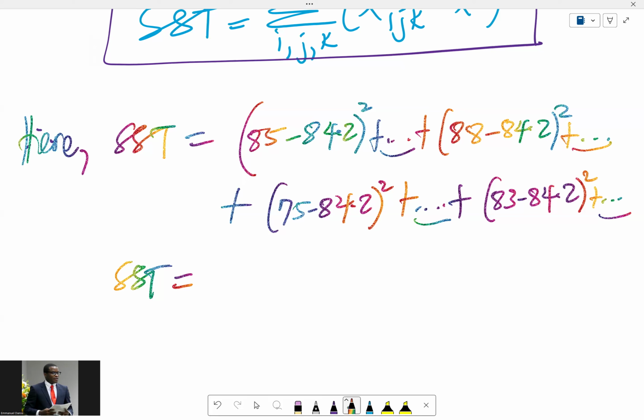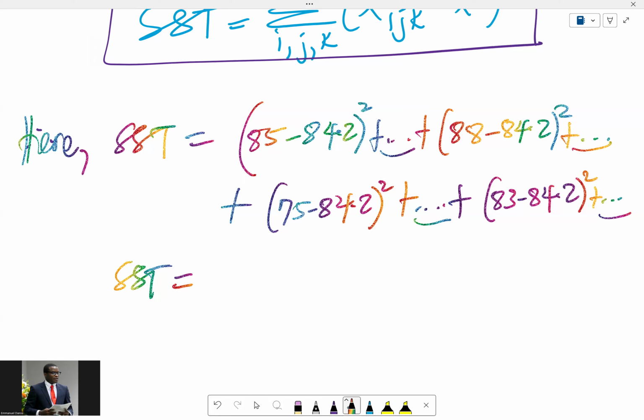Wow, it looks like I've been copying and pasting. Now it's looking like I can't do that anymore. Can I do that now? Okay, so I have to keep going. After 83, we have 88 minus 84.2 all squared, plus, okay, I can paste again.